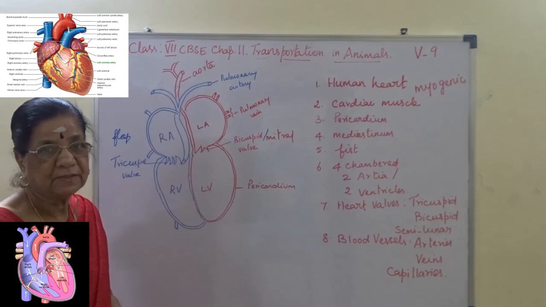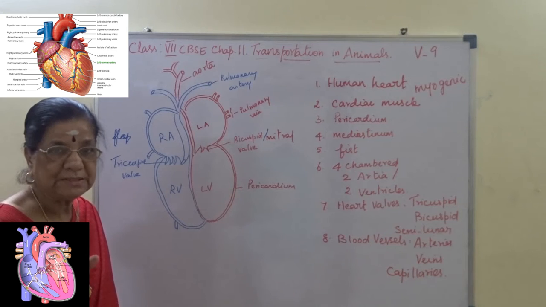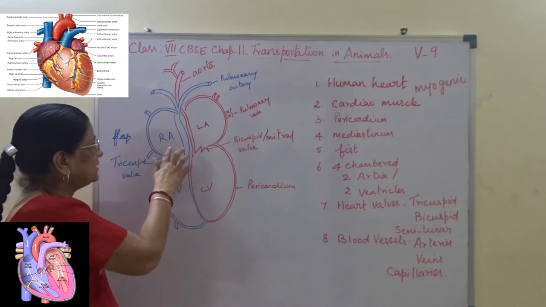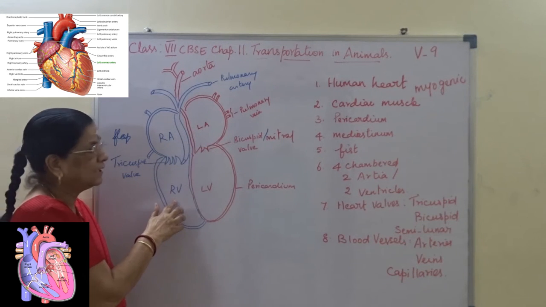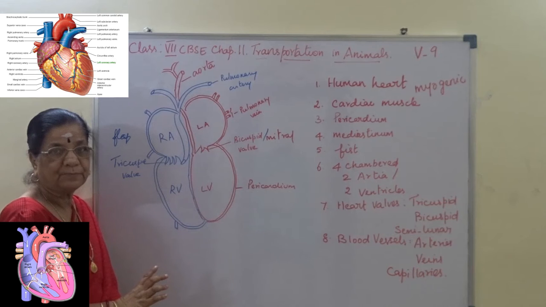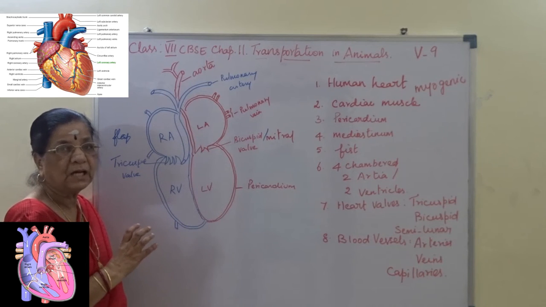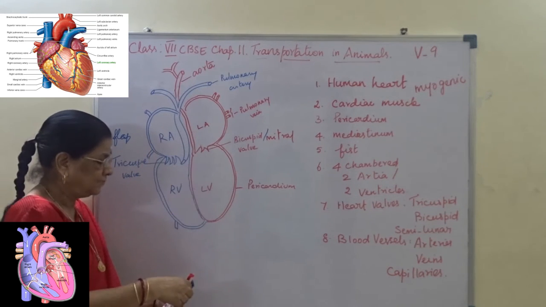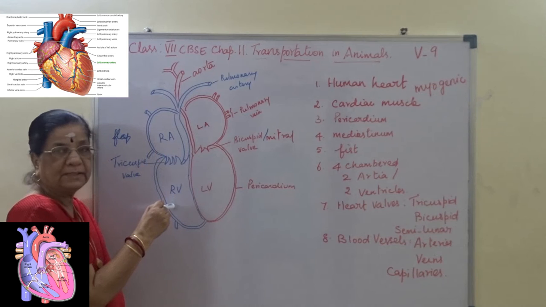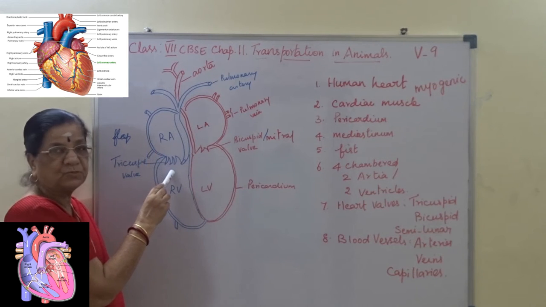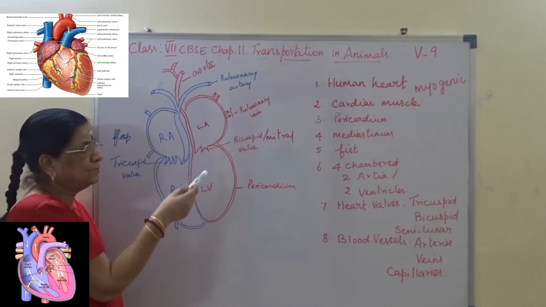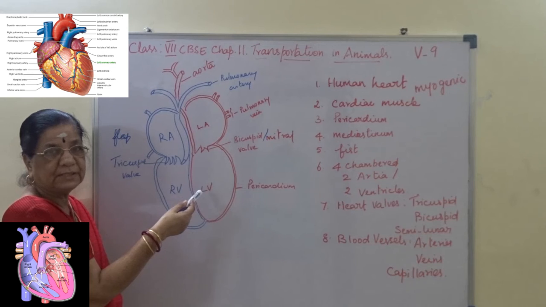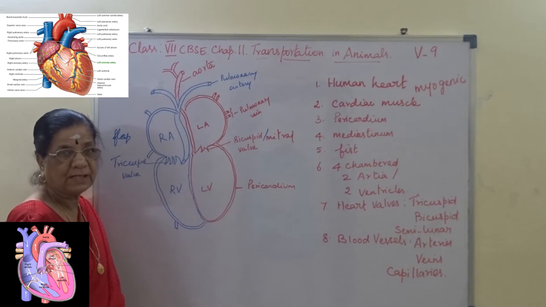I hope you understand. So now we know the 4 chambers of the heart: right atrium, left atrium, right ventricle, left ventricle. Right? Now the valves of the heart: the right atrium opens into the right ventricle through the tricuspid valve. The left atrium opens into the left ventricle through the bicuspid valve.